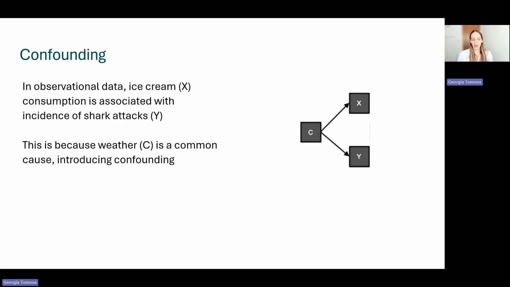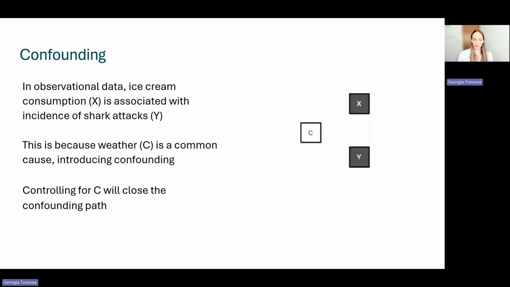In other words, weather is a confounder for the relationship between ice cream and shark attacks. And so we can depict C as a common cause of X and Y. And if we were to control for C, we would close the confounding path and we would expect this relationship to disappear.